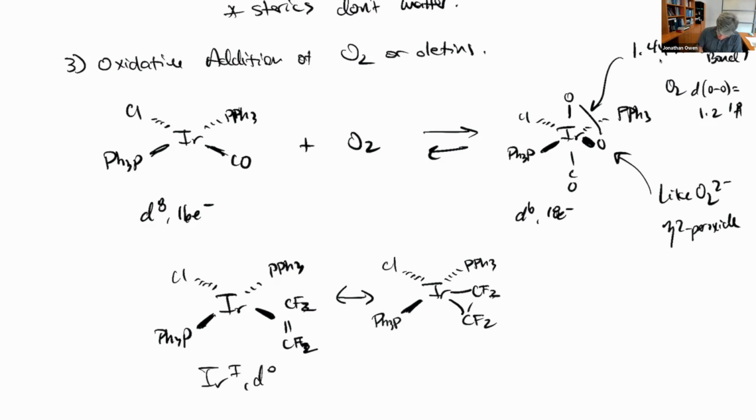So you can draw this thing as iridium(I) or iridium(III). Just resonance structures. But the length of that OO bond suggests that when O2 binds in this fashion, it's really oxidative.